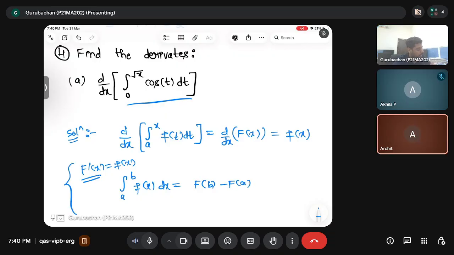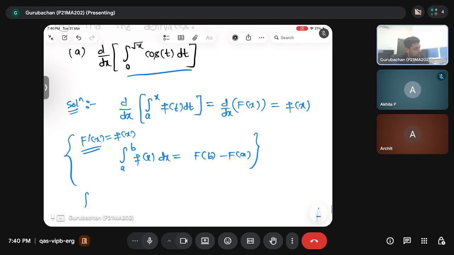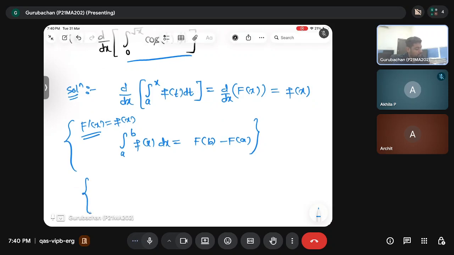Yes, sir. So another form of this one is like this. This is the original one that I'm writing, the basic fundamental theorem of calculus. So the integral from a to x of f(t) dt, and obviously f is a continuous function and F dash t is f of t. So this will be F(x) minus F(a).